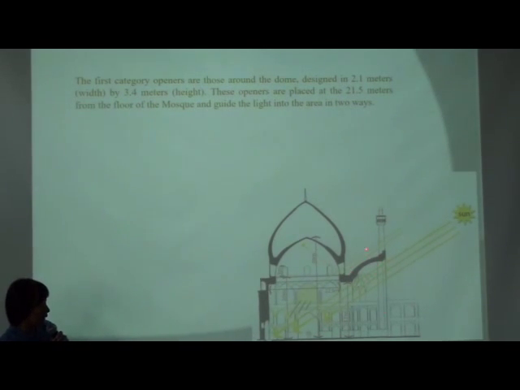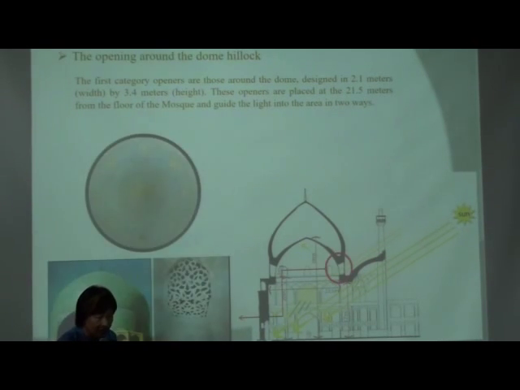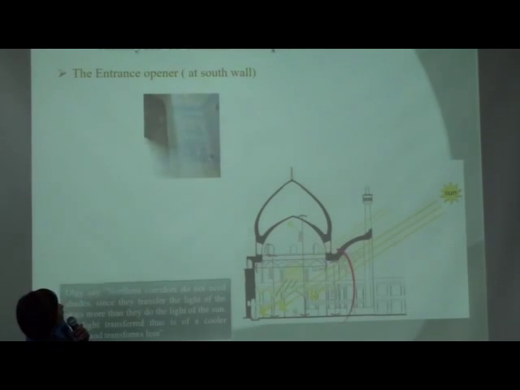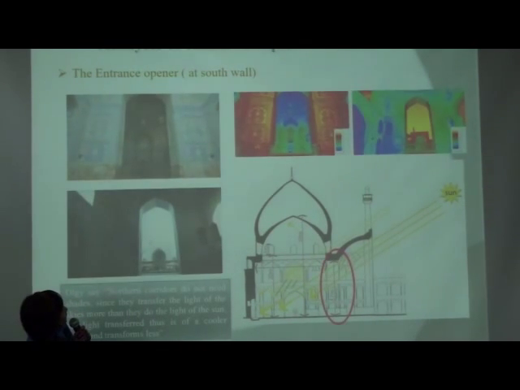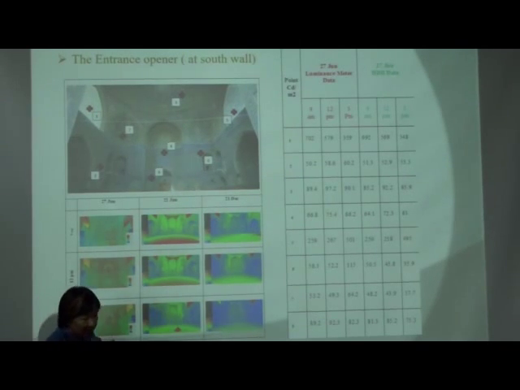The brightness is more, and the wall pattern is more, and this is more for the public, not for private. Like that. It is brighter than the previous mosque because of opening size and locations.